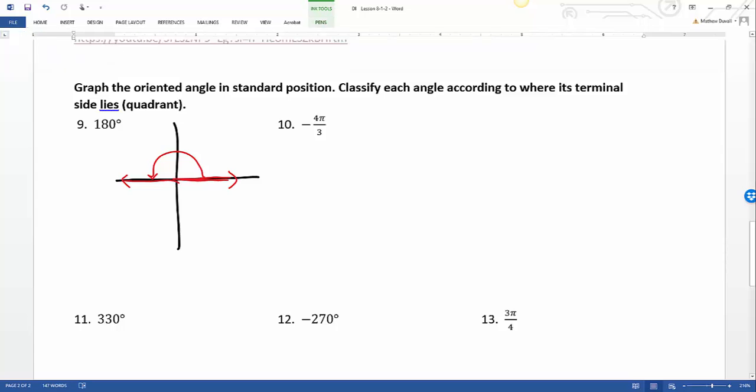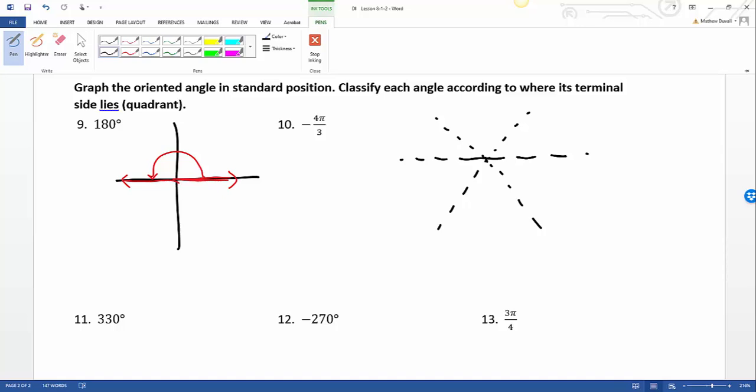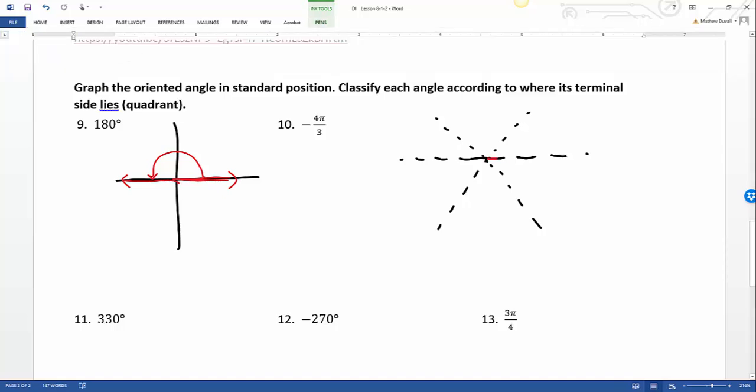For 4 pi thirds, the thirds means I've got to break up everything into thirds. So it's going to start here, and then it's going to rotate in the negative direction 1, 2, 3, 4 of them. So there's negative 4 pi thirds.